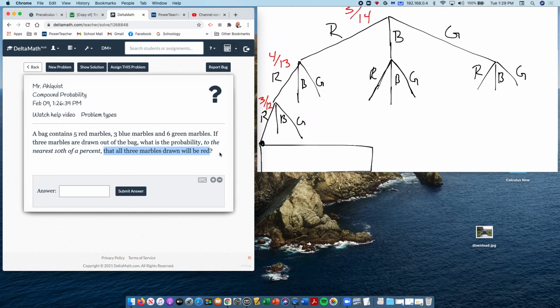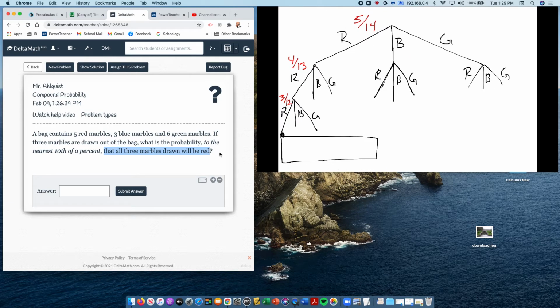So the final answer down here is 5 out of 14 times 4 out of 13 times 3 out of 12. Now we have to answer this: what's the probability to the nearest tenth of a percent? So we do have to calculate this.